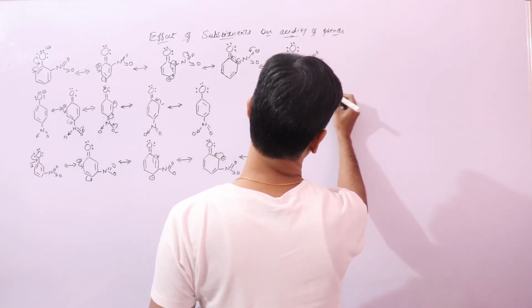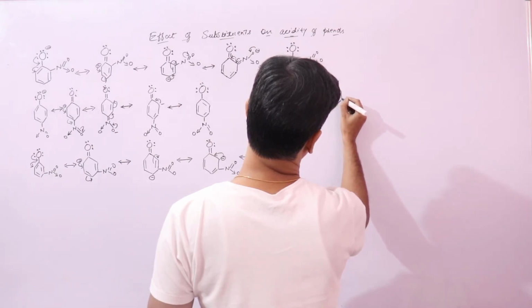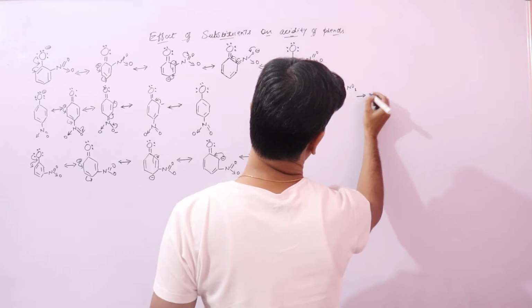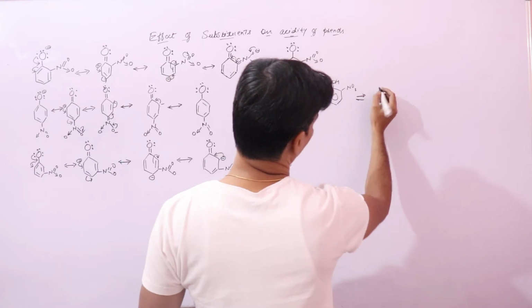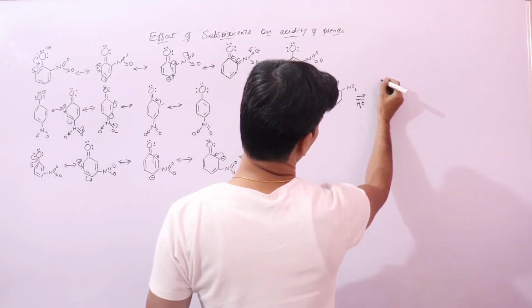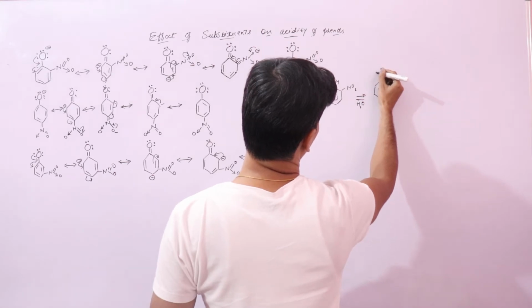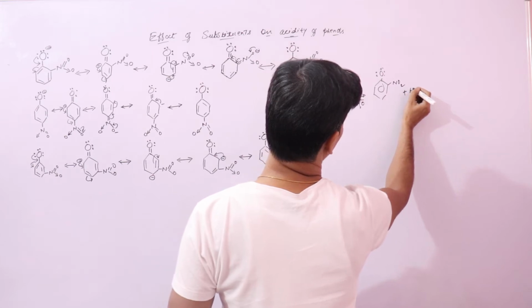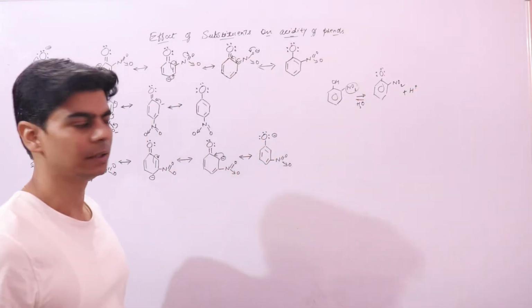if I take this compound, NO2, now when we add it to water, it will form the nitrophenoxide ion and NO2 plus hydrogen ions. Now how will this affect the acidity?